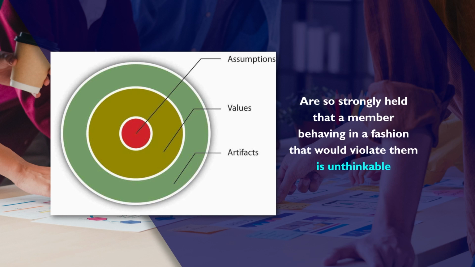Assumptions are so strongly held that for a member of an organization to behave in a fashion that would violate them is unthinkable. Another characteristic of assumptions is that they are often unconscious. Organizational members may not be aware of their assumptions, and they can be very reluctant to discuss or think about changing them.